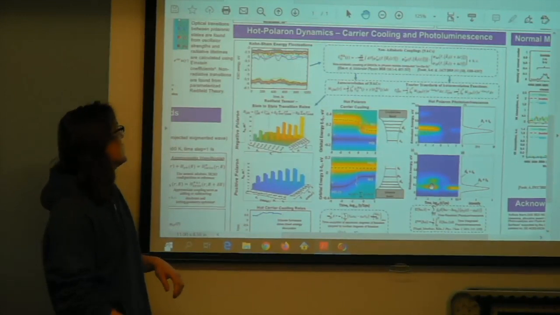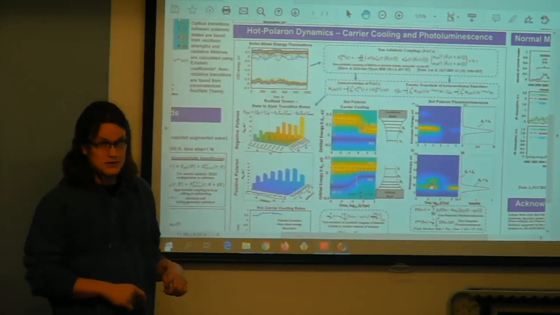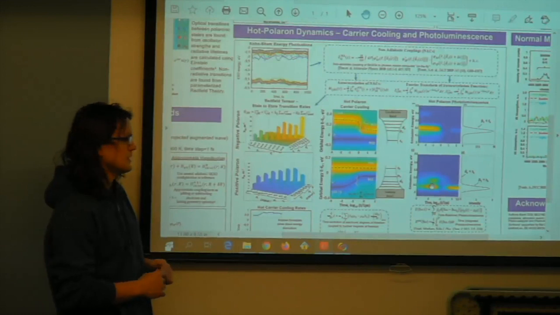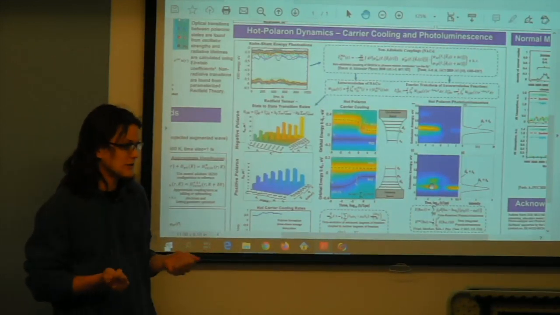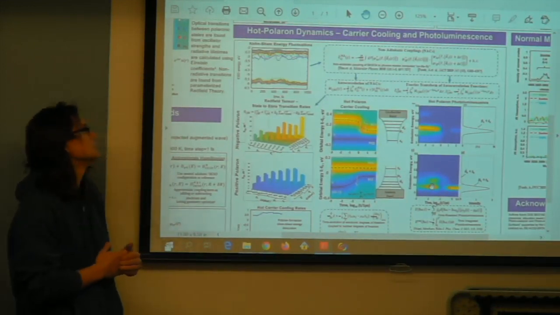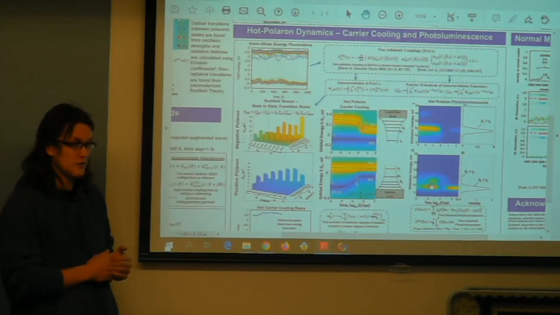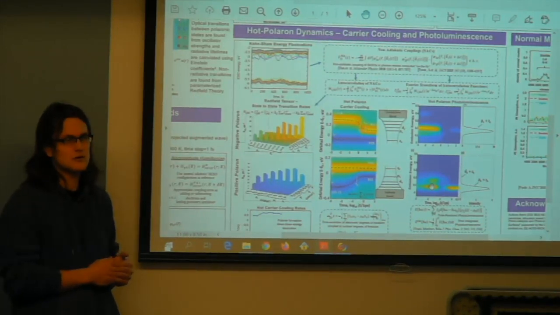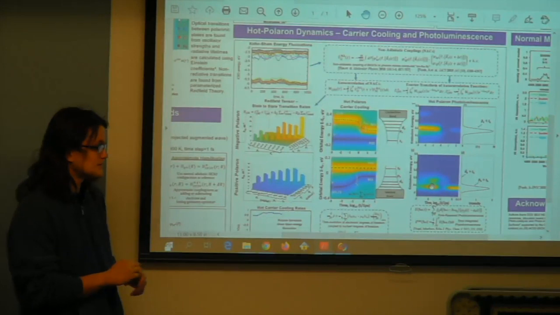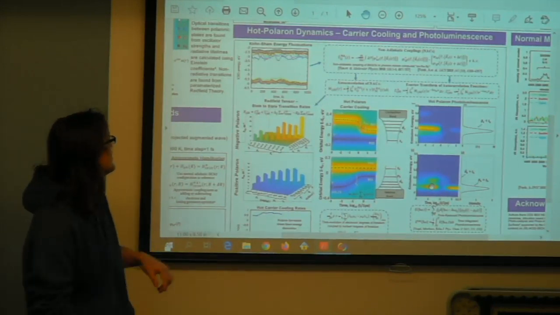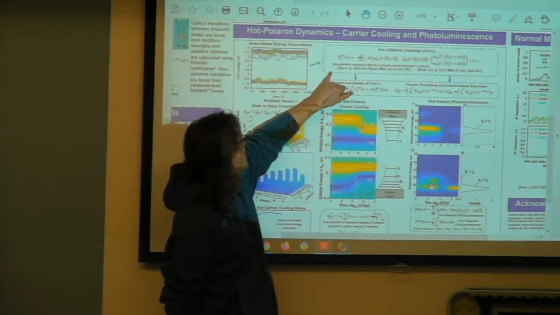And then to do all these calculations, we have to be able to mix nuclear and electronic degrees of freedom. And we do that using molecular dynamics. And then for the molecular dynamics, we do some post-processing of the observables into non-adiabatic couplings.